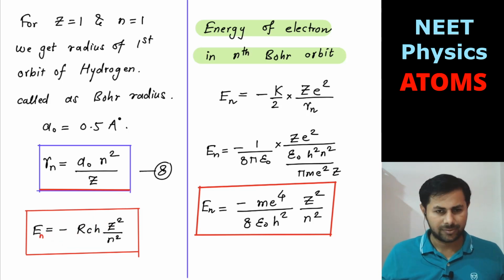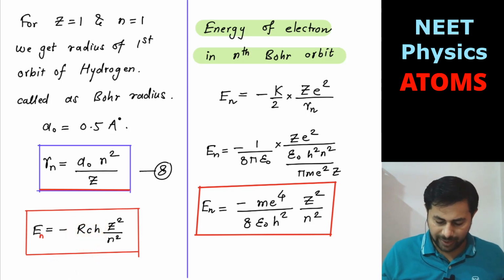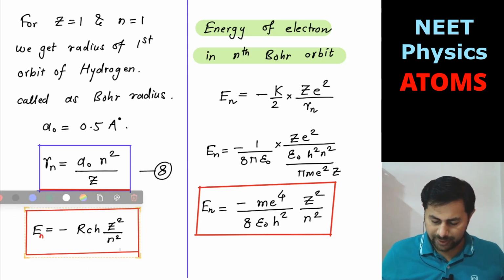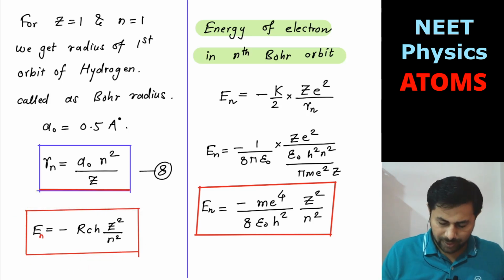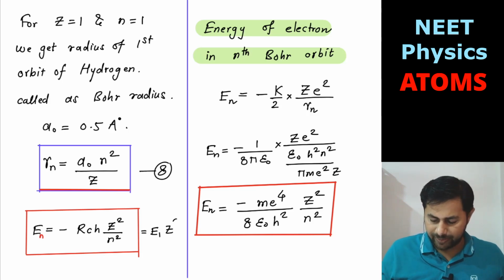So this is just E1, and that's why your formula En is equal to E1 times Z square by n square.